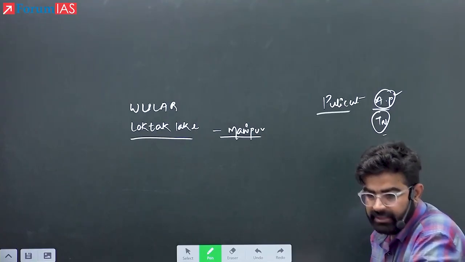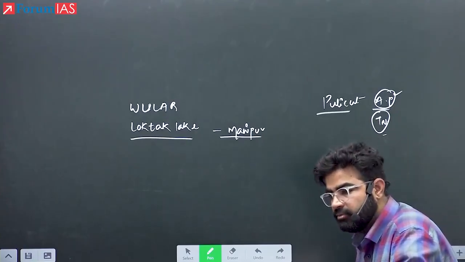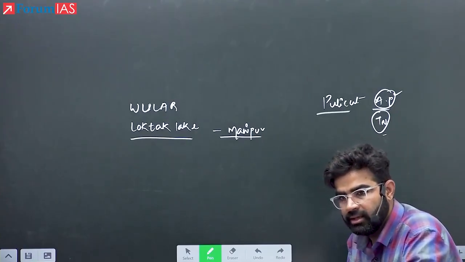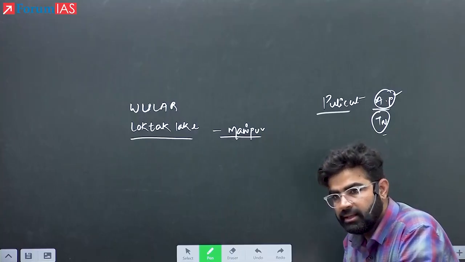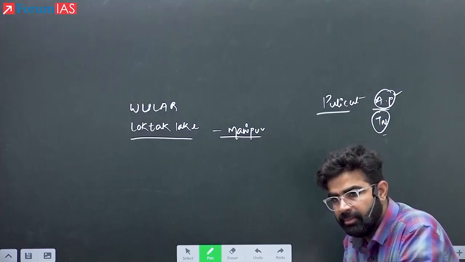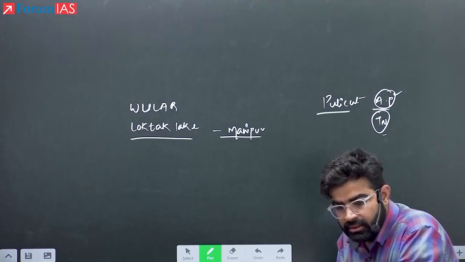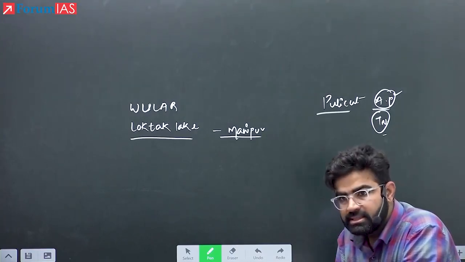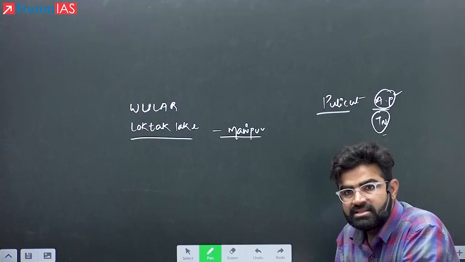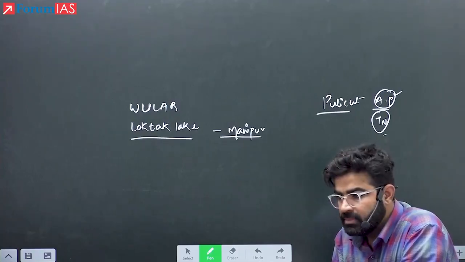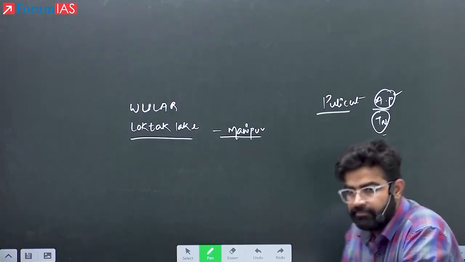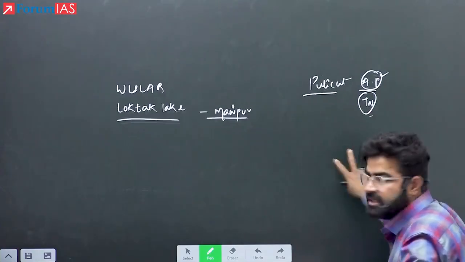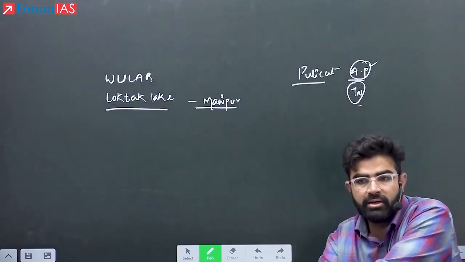Chilika? Then come to Kerala on the same page. Vembanad. Can you see Vembanad Lake? Vembanad visible? Kerala. In the bottom. Vembanad. Yes. Bottom to the Vembanad, Asthamudi. In the Kerala only, Asthamudi. Yes. So these all are the example of brackish water lakes.